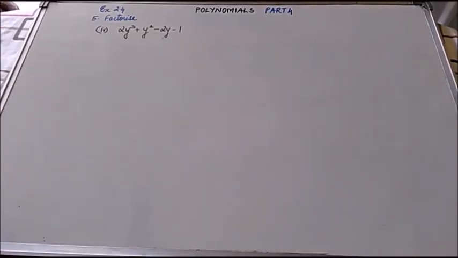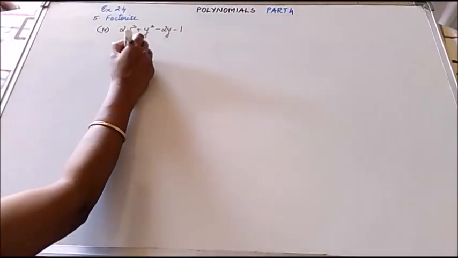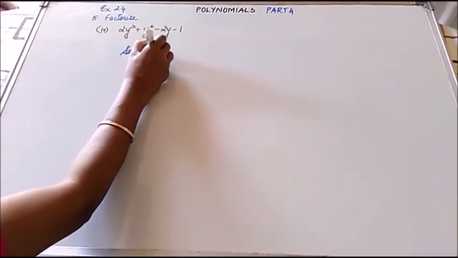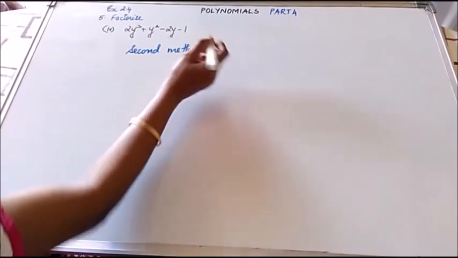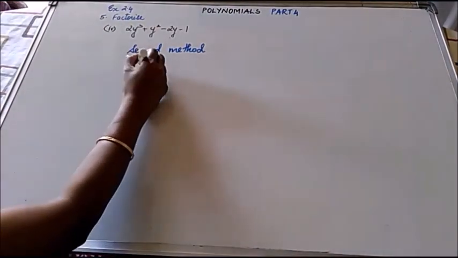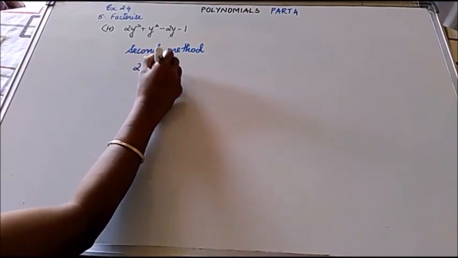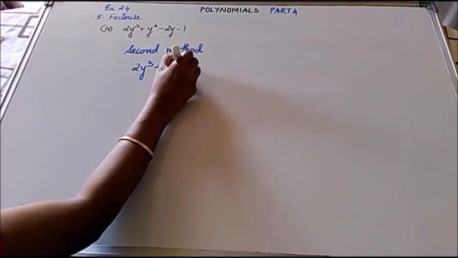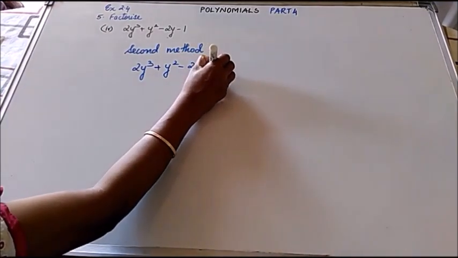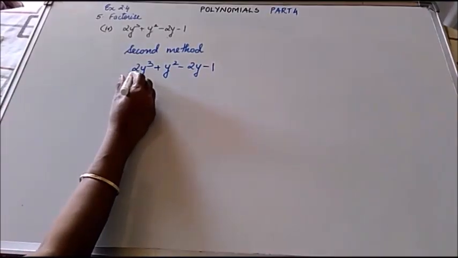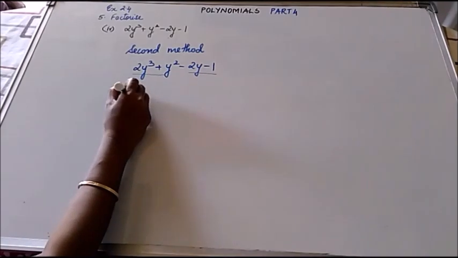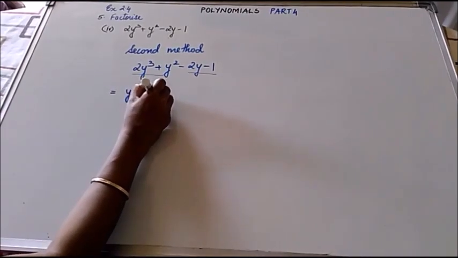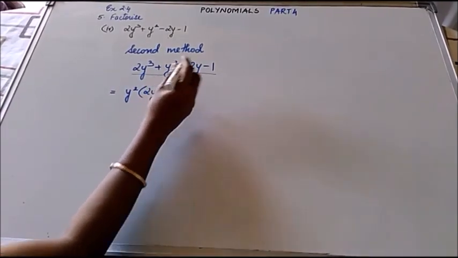Now the fourth question can also be done by grouping, that is the second method. As I said, not all cubic polynomials can be done by the second method. Here we have got 2y cube plus y square minus 2y minus 1. We will group the first two and the last two. Here common will be y square. We will get here 2y plus 1.